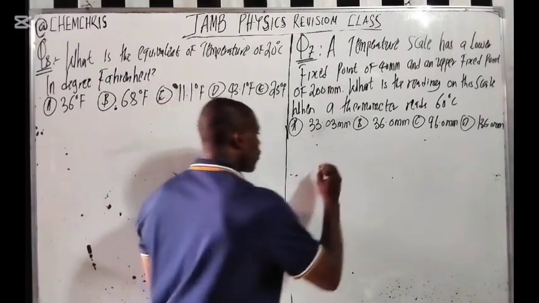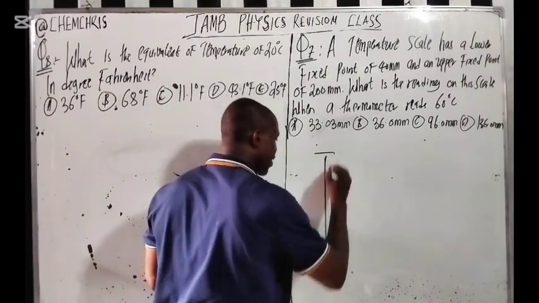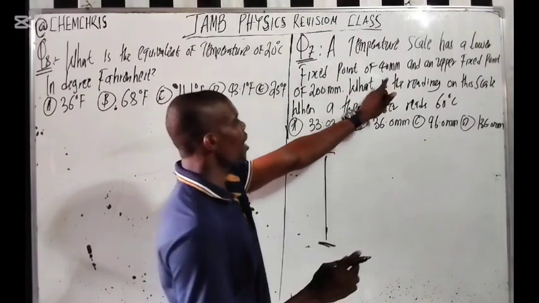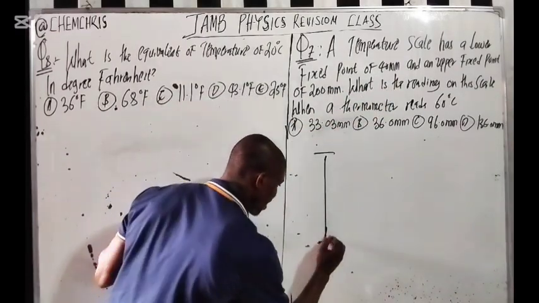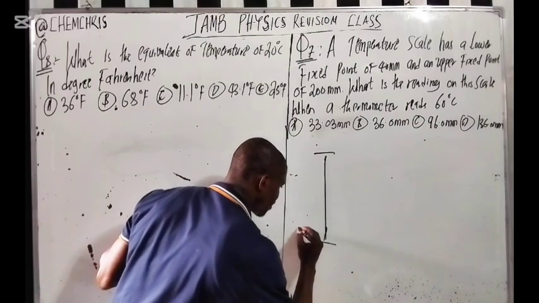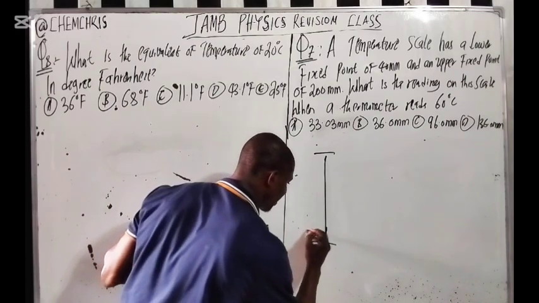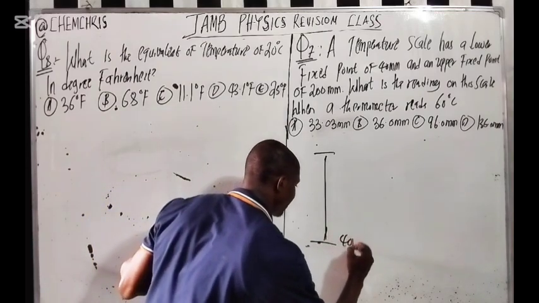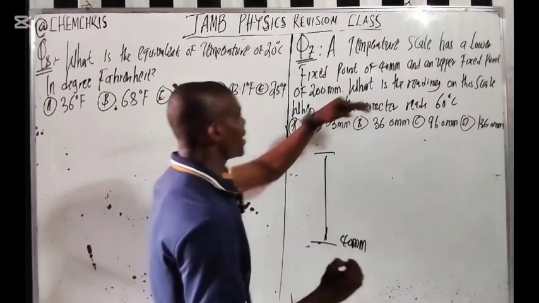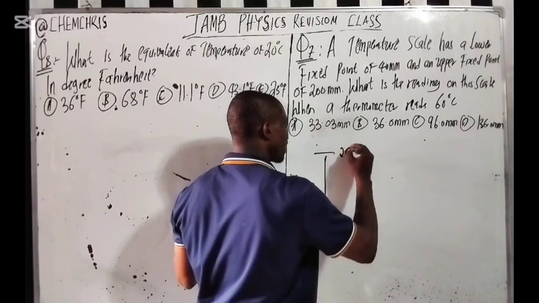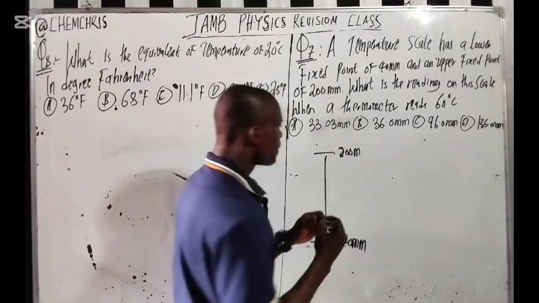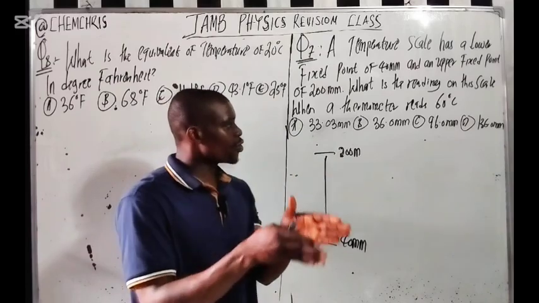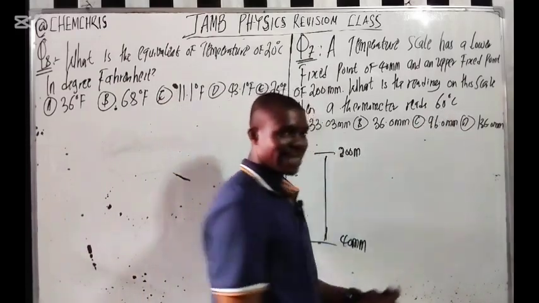We don't know the scale they are using here, but they say it has a lower fixed point of 40 millimeter, while the upper fixed point is 200 millimeter. What is the reading on this scale when a thermometer reads 60 degrees centigrade?